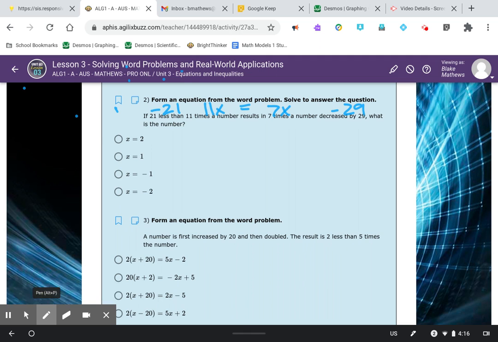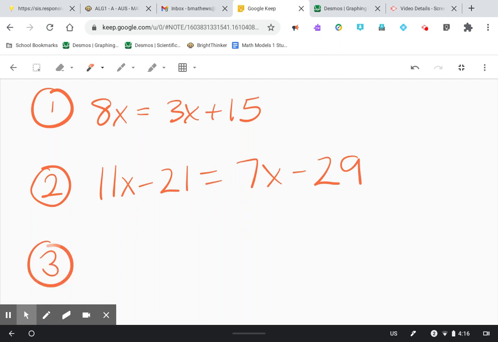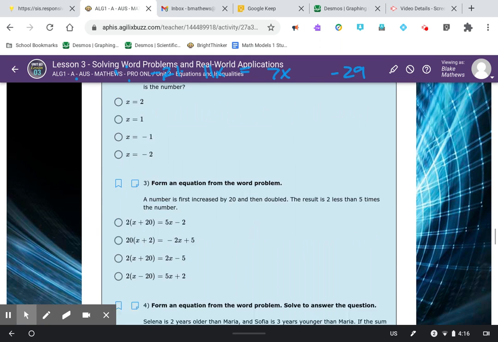So we're going to have 11x minus 21 equals 7x minus 29. Again, I'm going to have you work these out and solve them yourself.